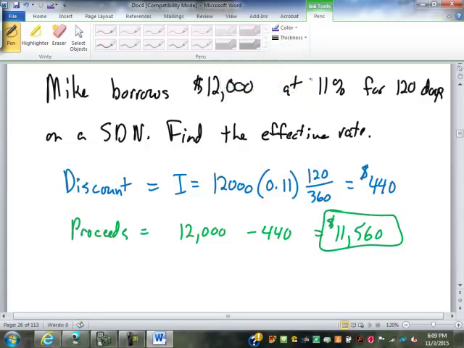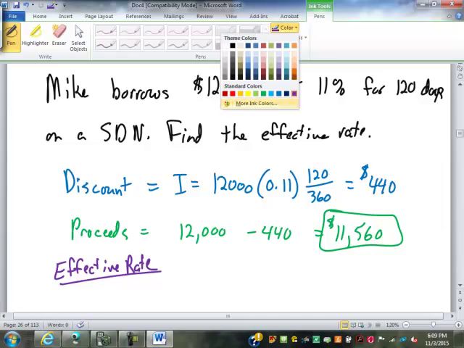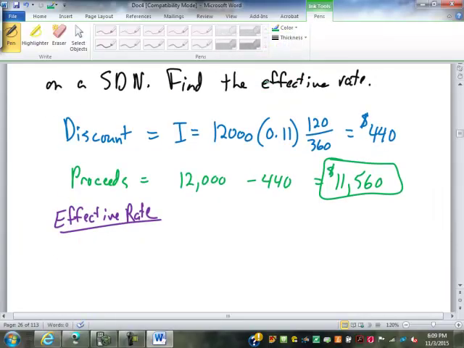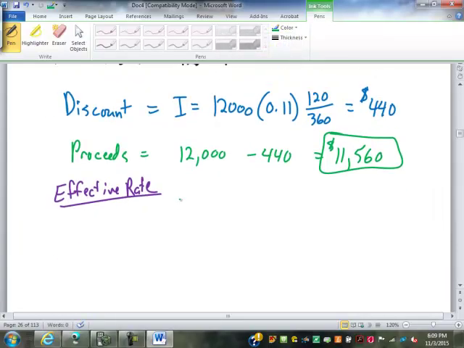Now we can find the effective rate. The interest is going to be the amount of the discount, $440. Our principal is now going to be the proceeds, so $11,560 instead of the $12,000.